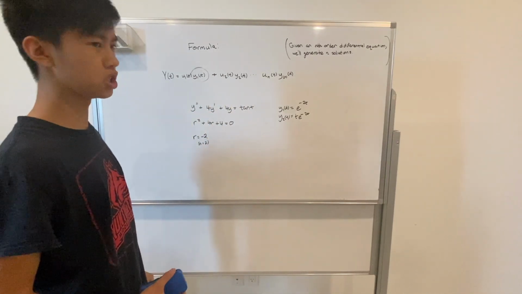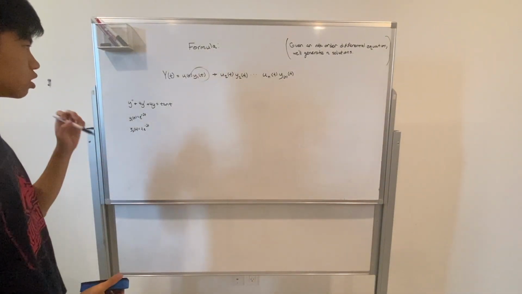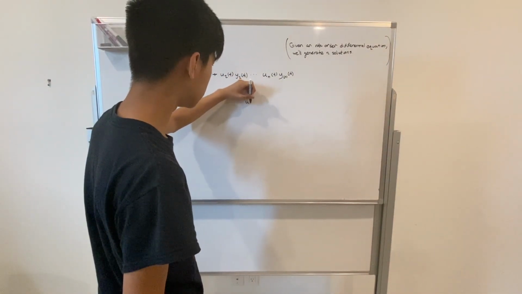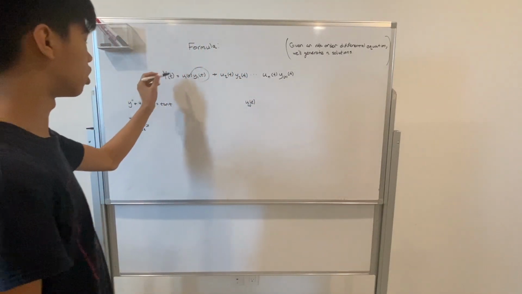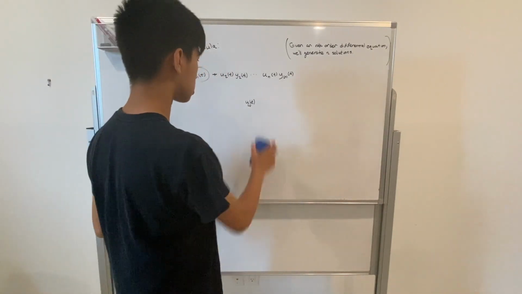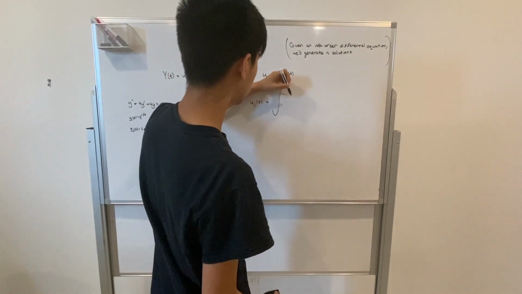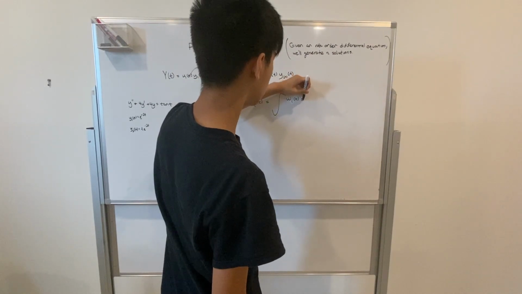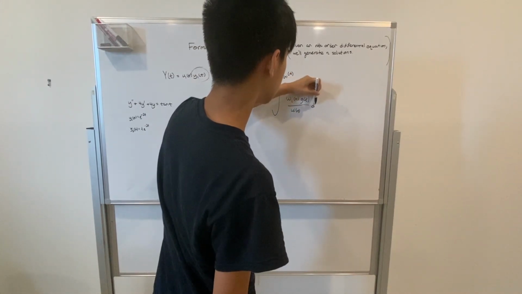Now, what is u of t? u of t requires a more complex formula. Since y of t is the sum of all these u1 y1 through un yn, I'll call it ui of t, which is equal to the integral of Wronskian i of t times g of t over Wronskian of t, dt.